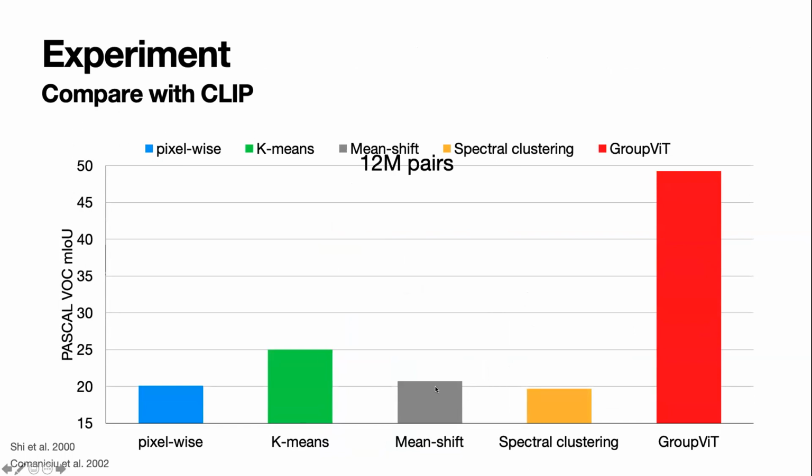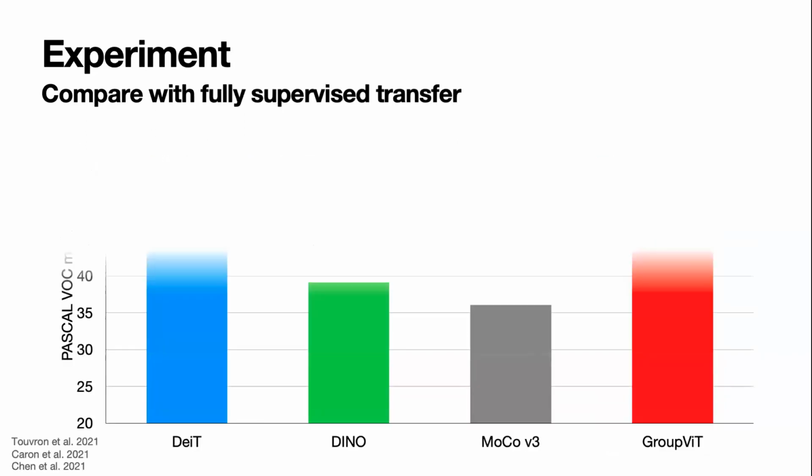We compared GroupViT to a bunch of different methods designed to do clustering or grouping of visual features, for example k-means clustering, mean shift, and spectral clustering. Compared to all of these methods, GroupViT performed significantly better by learning how to do this grouping through the learning process.